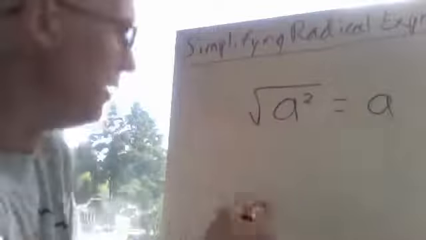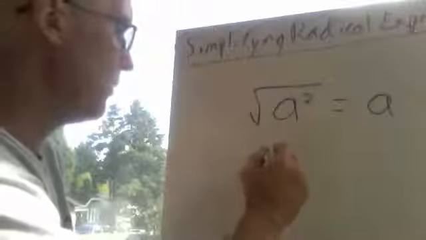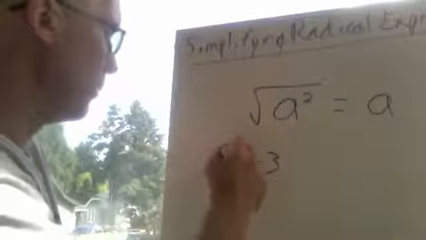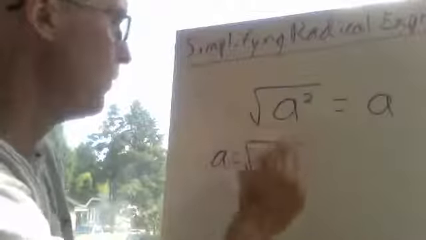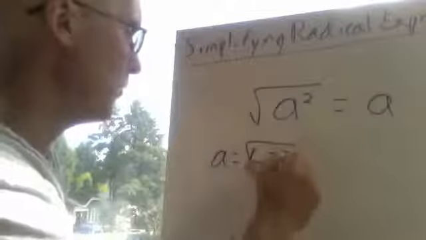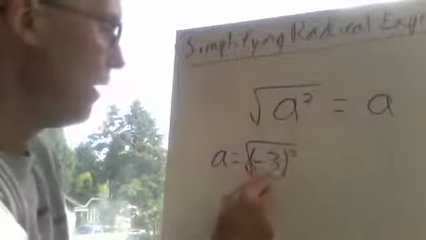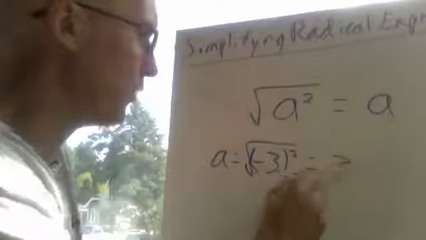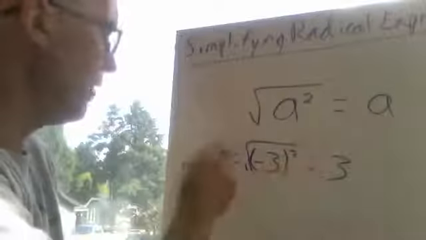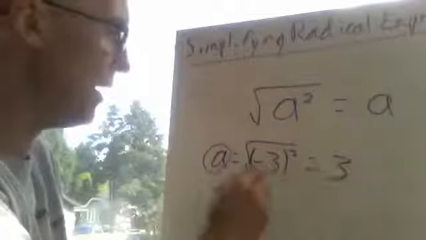Now it can, but there's also possibilities that it can't. Like let's say, what if a equals -3? Well, think about it. The square root of -3 squared, that turns into 9. The square root of 9 is 3. That equals 3. So in this case, a would equal 3. It does not equal -3.